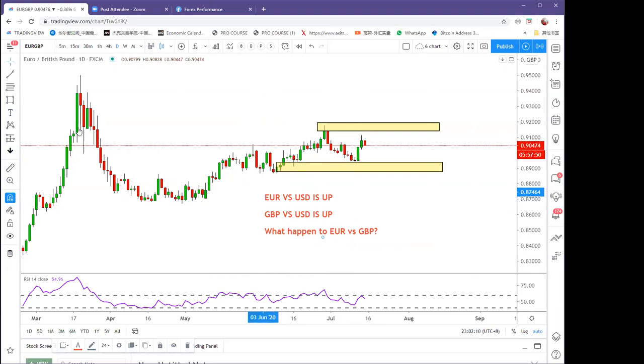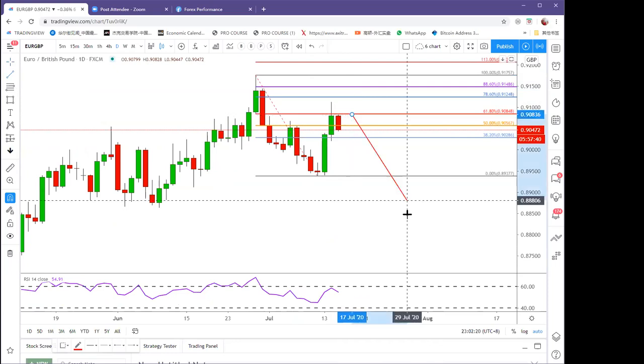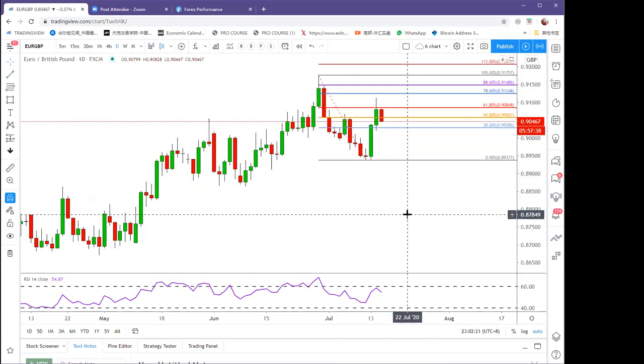Although we can see from the daily chart that euro sterling has already finished the 618 correction. It may go down. But it's not good to trade this euro sterling. You can just buy the euro and buy the sterling. You do not sell the euro and buy sterling, as they cancel each other.